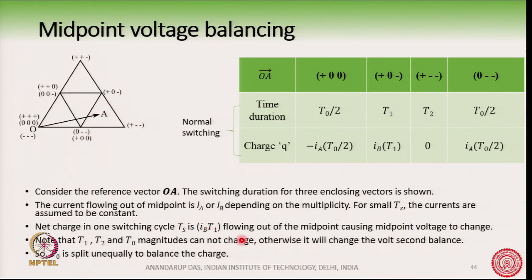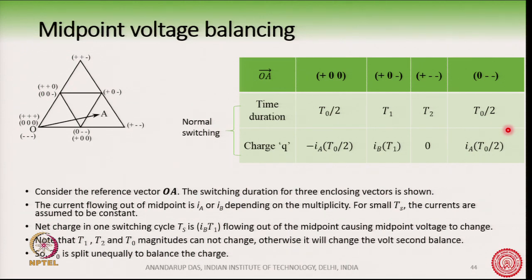For this reference vector OA, these are the enclosing vectors, and their timings I have written here in this table. Plus 0 0, plus 0 minus, plus minus minus and 0 0 minus, these 4 will be used, and their timing durations are T0 by 2, T1, T2 and T0 by 2.